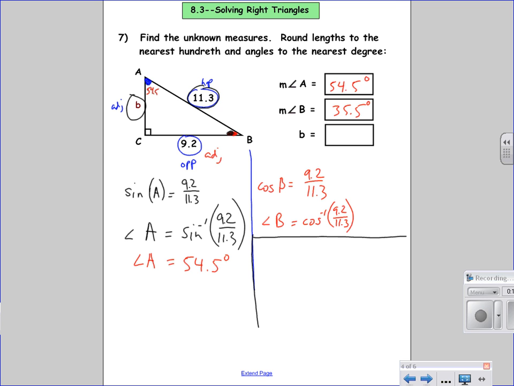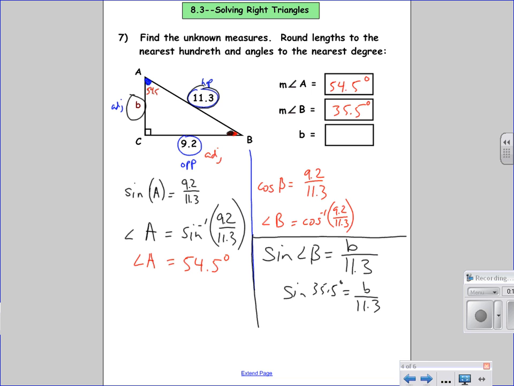What do we want? So the opposite, okay, so the sine of angle B equals the opposite, which is unknown, the B, over the hypotenuse, which is 11.3. Well, we know angle B, luckily, that is 35.5. So the sine of 35.5 degrees equals B over 11.3.